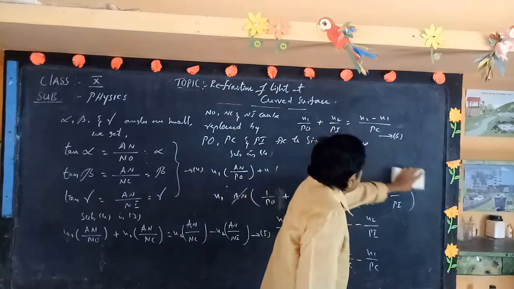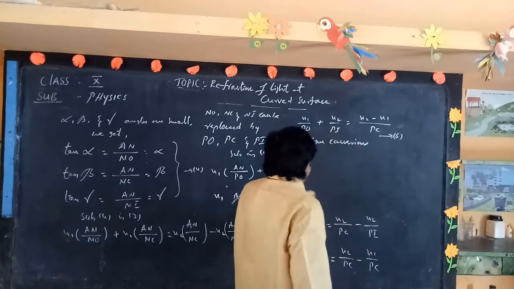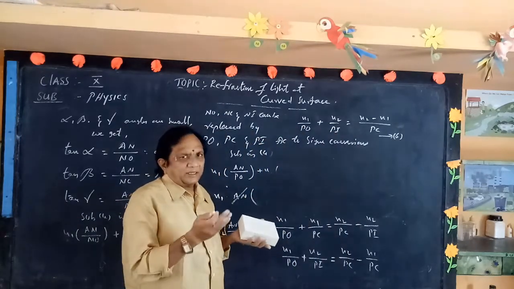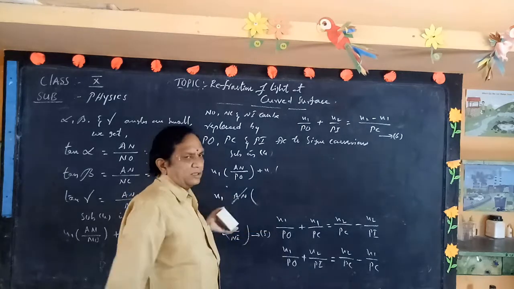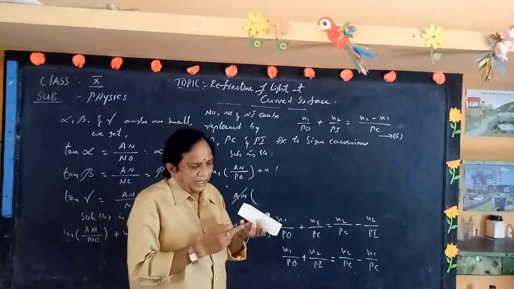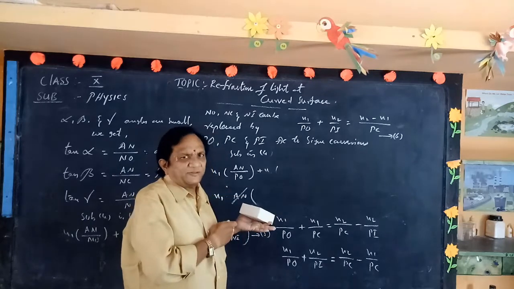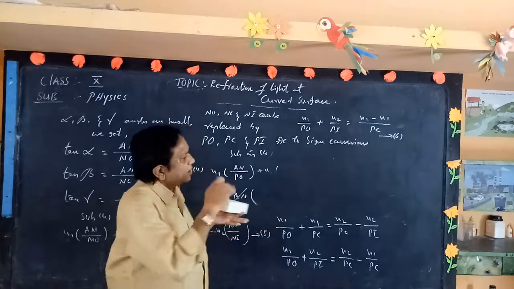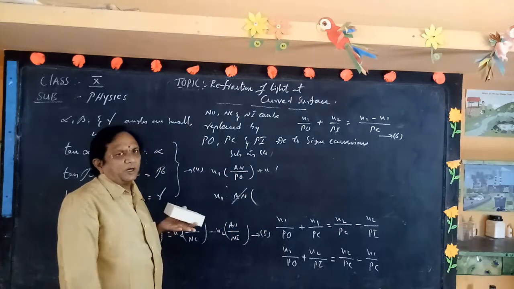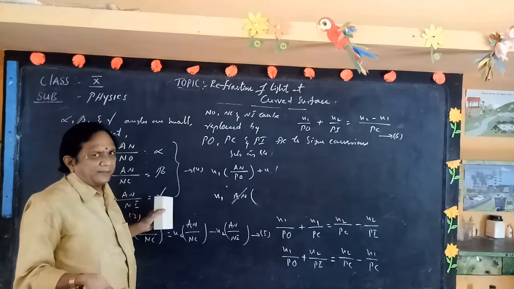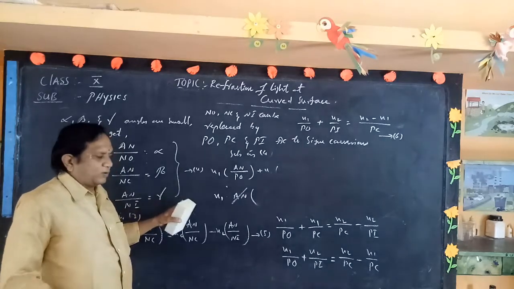What happens? To remember, for sign conventions for lenses or mirrors, whatever the focal length, object distance, image distance will be on the left side, take as minus sign. On the right side it will be taken as positive values. Remember that. So in this figure, what do you observe?